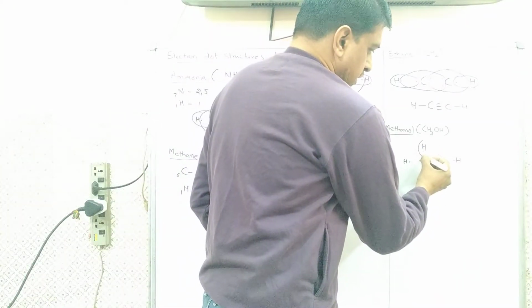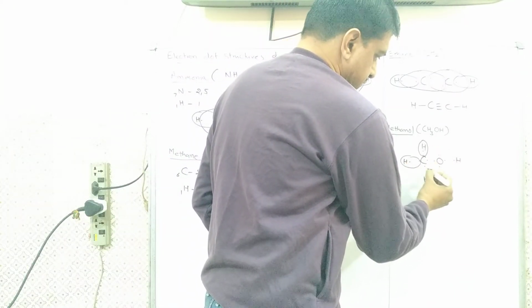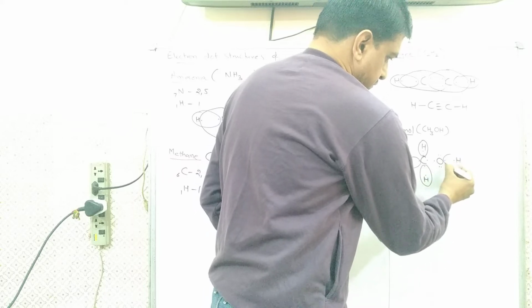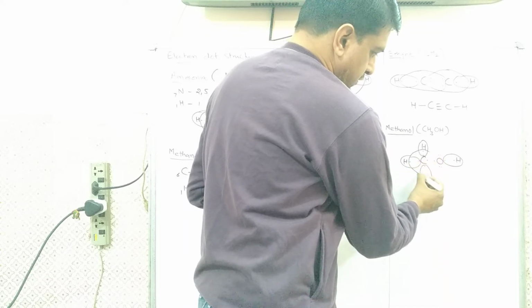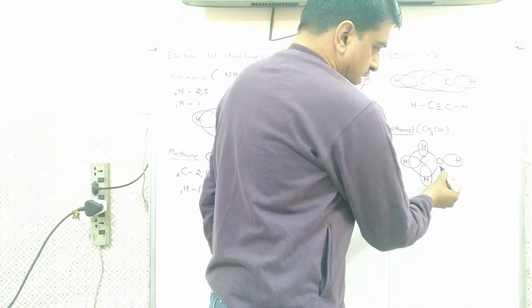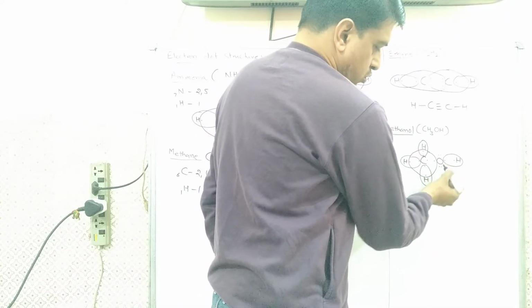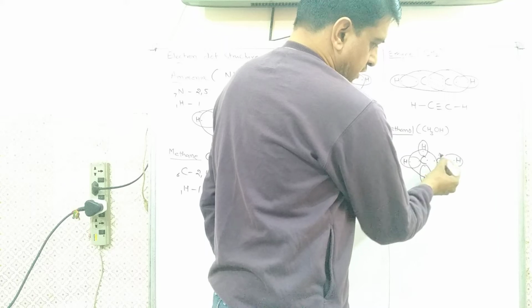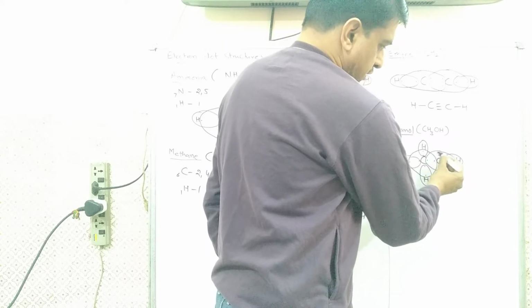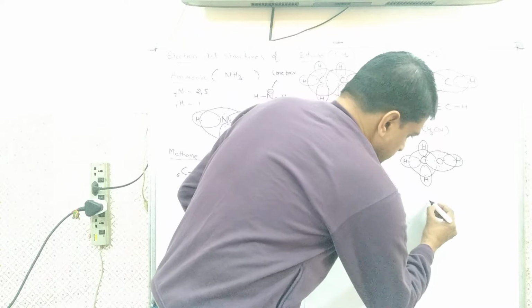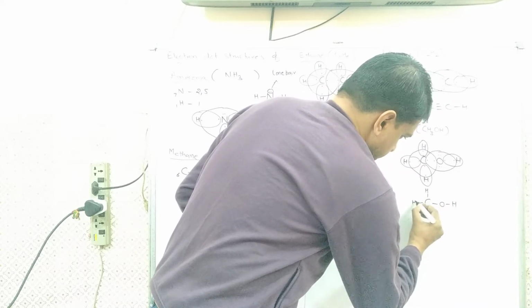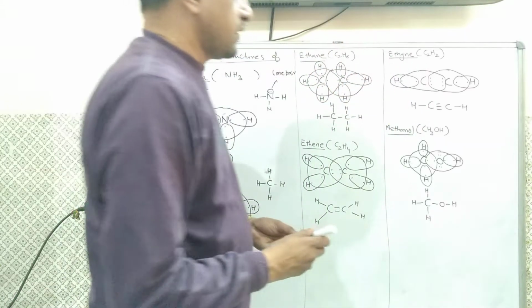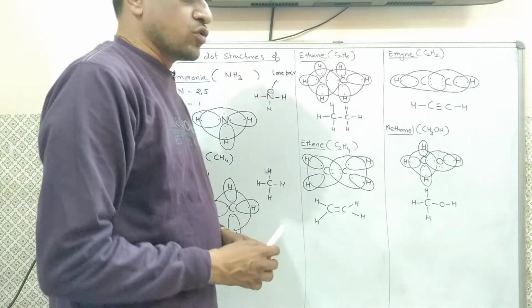Now each hydrogen will have 2 electrons. Now carbon has its 4 electrons, and now it is having 8, and similarly this oxygen will have 8 electrons: its own 6 electrons, 7 and 8, and in this way the methanol structure becomes like this. And in this way you can draw these covalent structures.